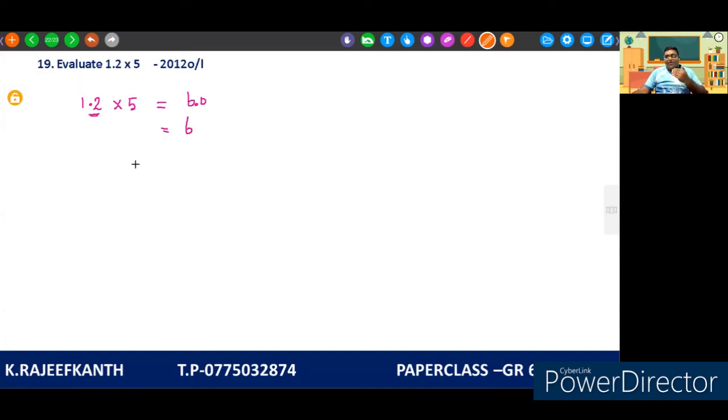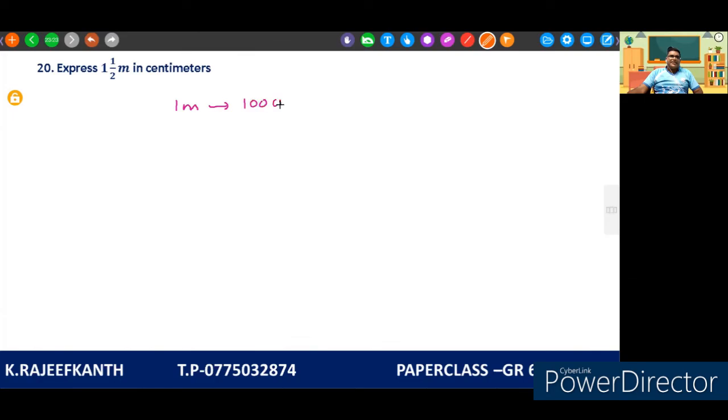Question 20. Express 1.5 meter in centimeters. You know that 1 meter is equal to 100 centimeter. So you have to convert this 1.5 meter into centimeters.